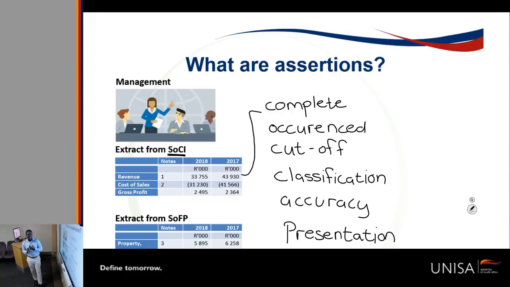So those are what our assertions are. They are claims made by management. And for our statement of comprehensive income, they relate to all line items. So whether it's cost of sales, whether it's operating expenses, whatever those classes of transactions are.